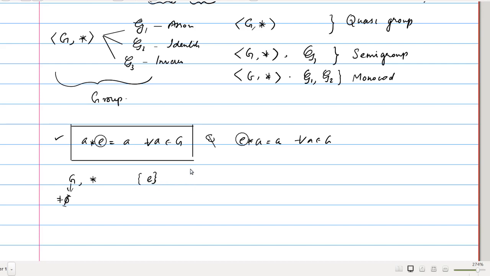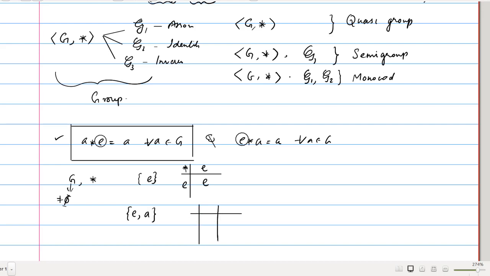This is the simplest group we can construct. Corresponding to this group, you can construct the binary operation table: if it contains only the identity element, then we have E star E is equal to E. Now if G contains two elements, then the first one is E and we have another element A. What will be the group table of this group?